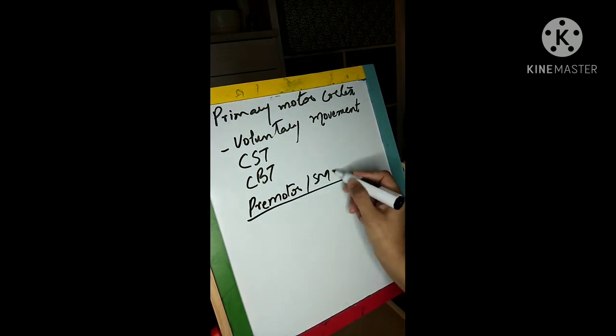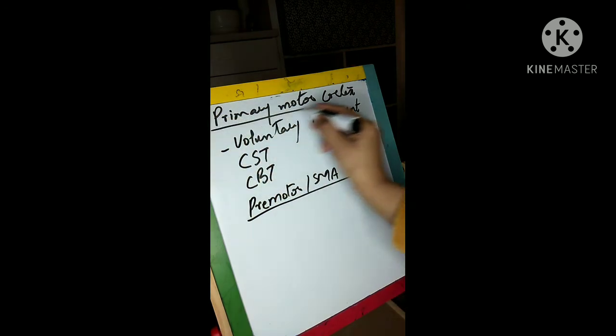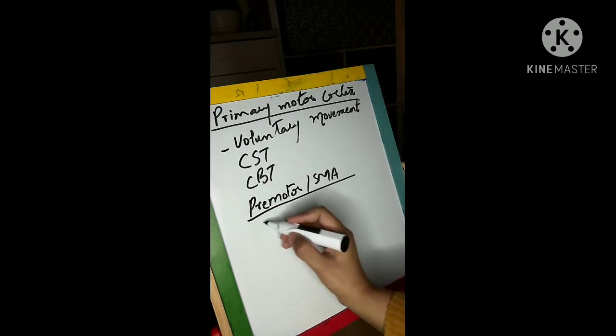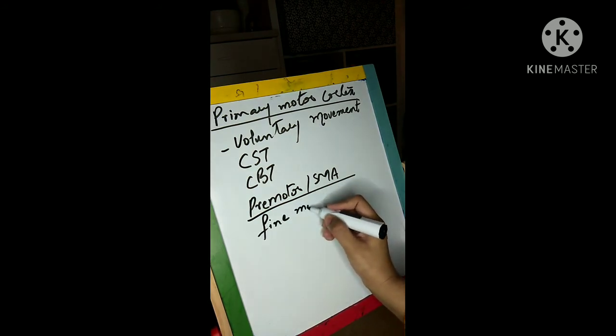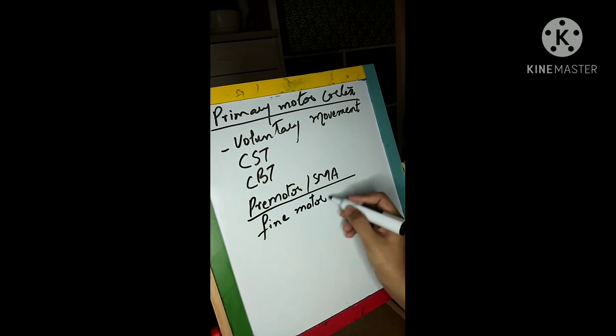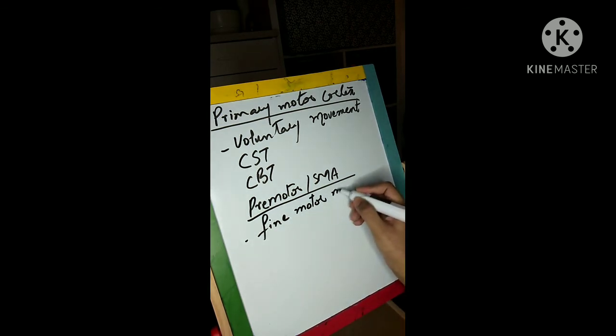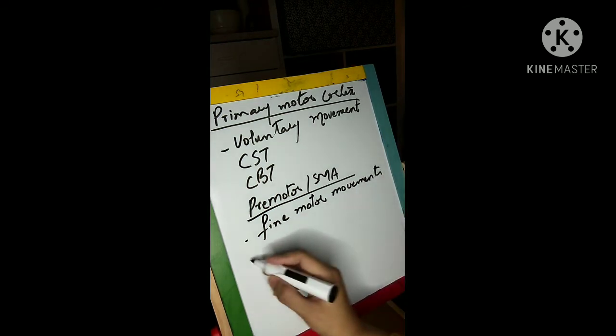Okay, next I will tell you about premotor or supplementary motor area. This area is basically responsible for fine motor movements. It also contributes to the corticospinal tract about 15%. Corticospinal tract has fibers also from the sensory cortex, that is in parietal lobe.